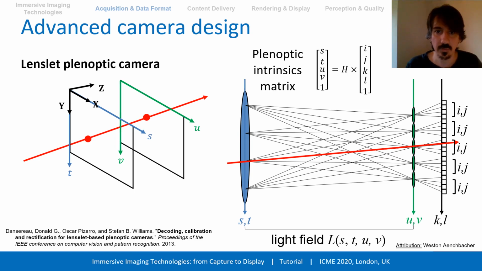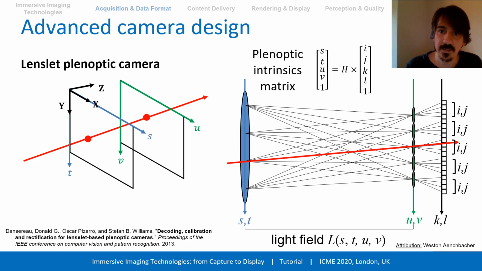Similarly to traditional 2D cameras, we can define a so-called plenoptic intrinsic matrix H. But contrary to the intrinsic matrix of 2D cameras, which establishes a correspondence between a point in 3D world coordinates and a 2D pixel index, the plenoptic intrinsic matrix connects a 4D ray in world space indexed by the light field two parallel planes indices, s, t, u, and v, to a 4D pixel index i, j, k, l.